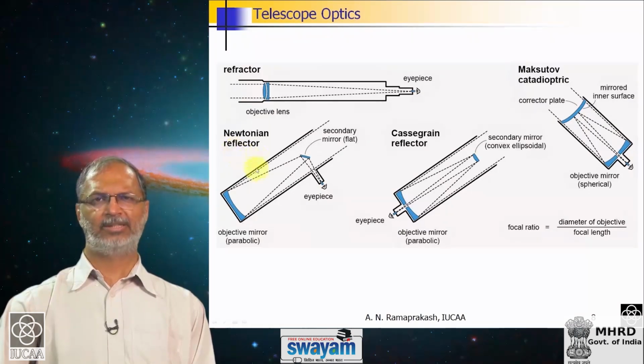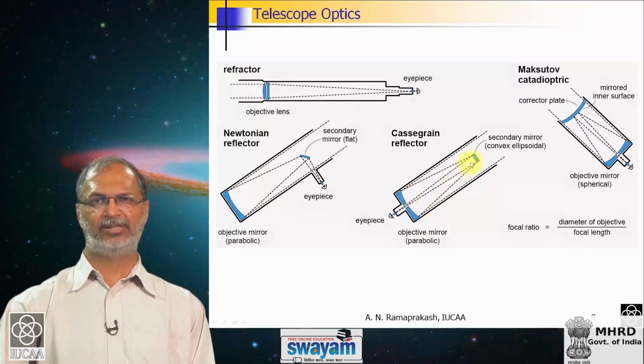There are other ways of arranging optics to build telescopes. In this scheme, you still have a primary mirror here, which is the main collecting optics. Rays arrive here from the sky on this primary optics.